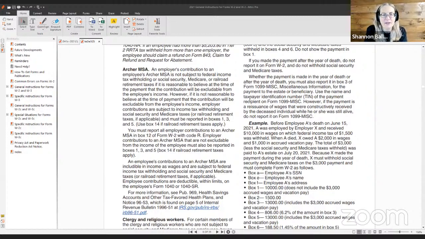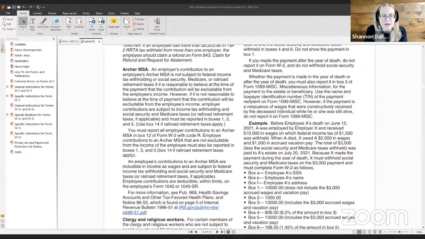However, if it is not reasonable to believe at the time of payment that the contribution will be excludable from the employee's income, employer contributions are subject to income tax withholding and Social Security and Medicare taxes, or railroad retirement taxes if applicable, and must be reported in boxes 1, 3, and 5. Use box 14 if railroad retirement taxes apply.